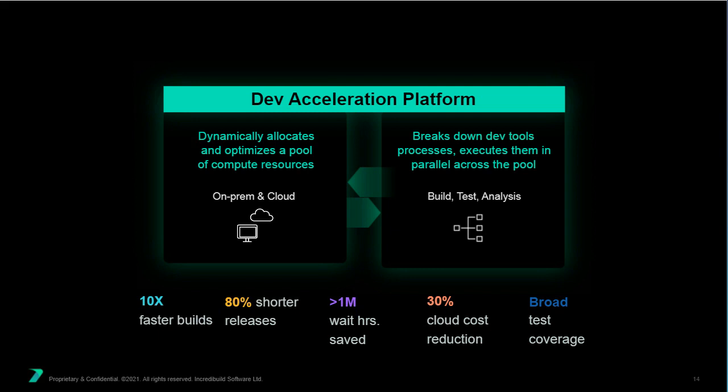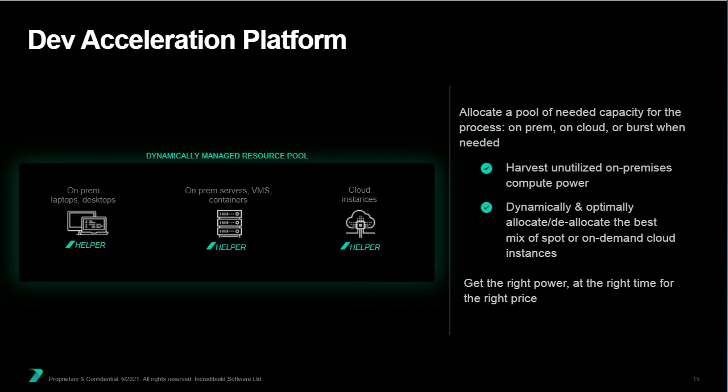And overall, again, as our topic concerned here is test coverage, which gives us a lot more room as you go faster. So let's break that down a little bit more. What we're looking at here is that dynamic pool of resources that Incredibuild comes to manage, and the element here is seamless.